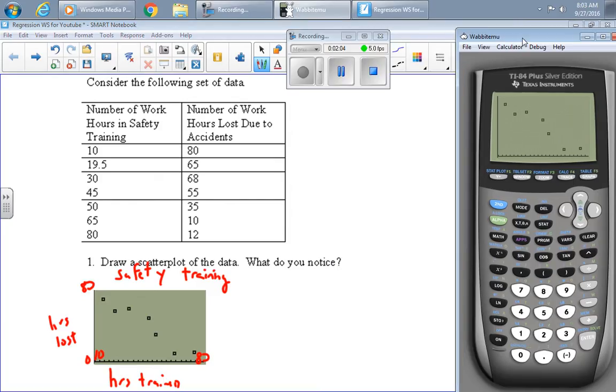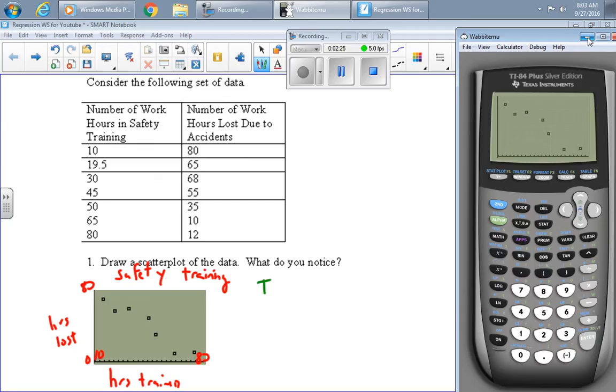And then it says, what do you notice? So there's really 4 things I'm looking for here. I'm looking for the strength, the form, and the direction, and then I want you to put it in context. So it appears that I've got a linear relationship that's in a negative association, and the association seems to be fairly strong.